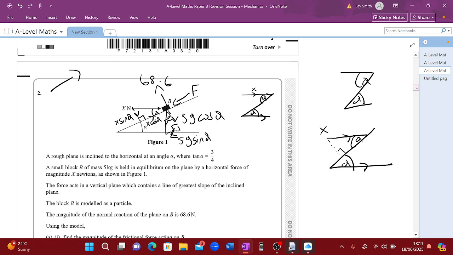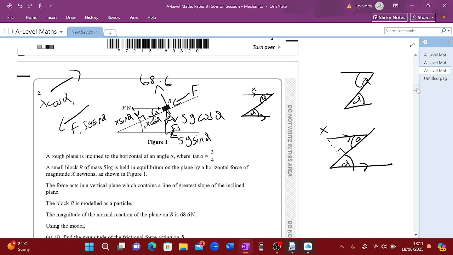Well, x cos alpha here is going up the plane, and is there anything else we have? No. So then what's going down the plane perpendicular? It's F first of all here, but also we have this weight component 5g sine alpha.